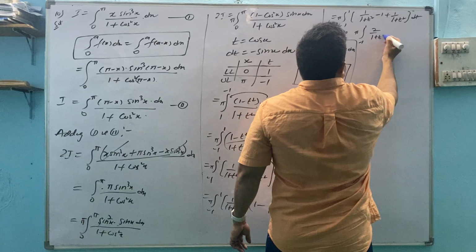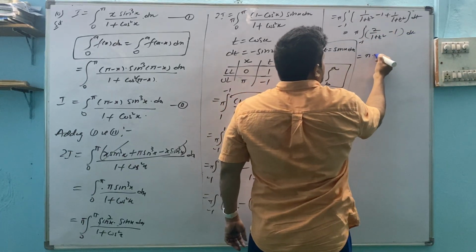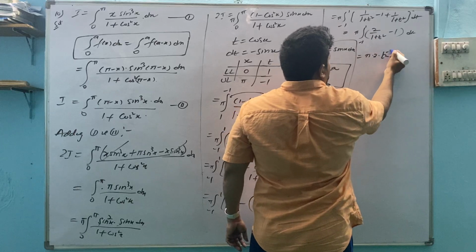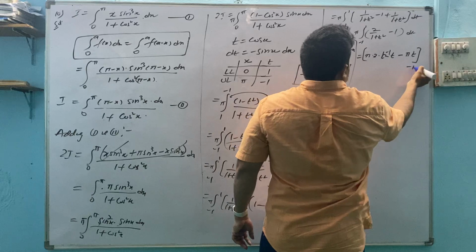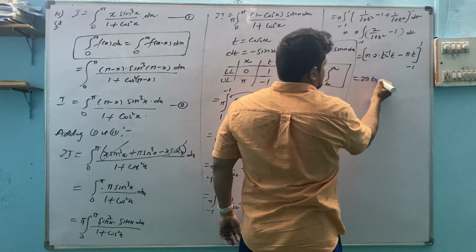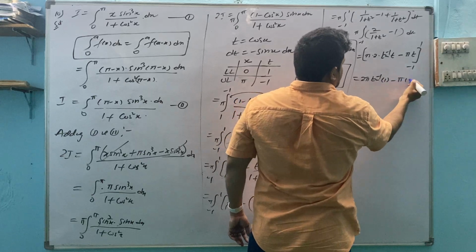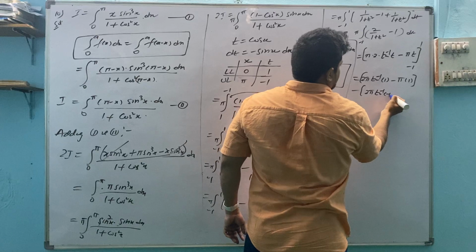Two by 1 plus t square minus 1. Pi into 2 into 1 by 1 plus t square is tan inverse t, minus pi into t, that is pi t, from minus 1 to 1. So we will substitute 1 here, then minus of, we will substitute minus 1 here.